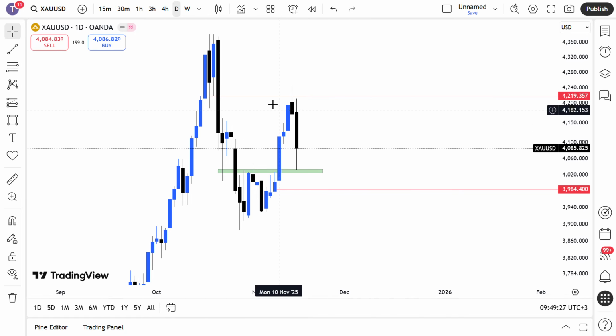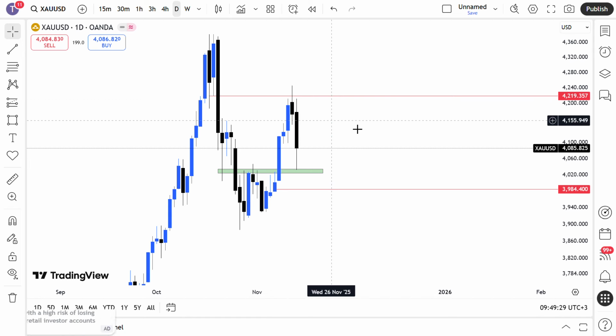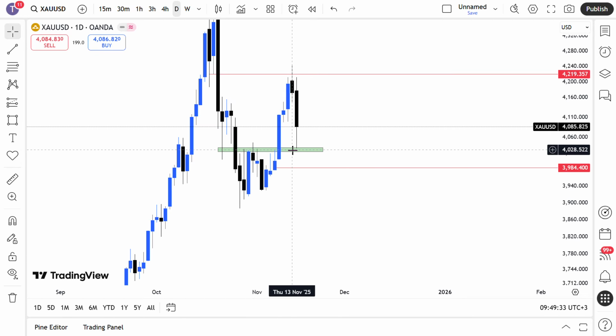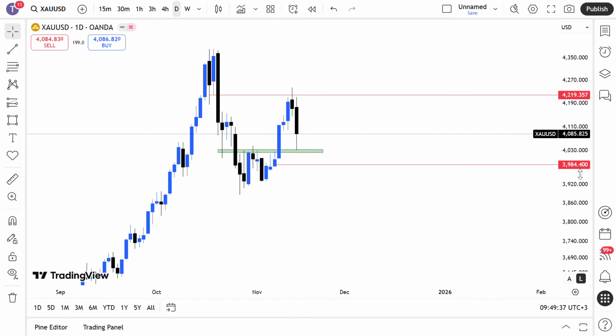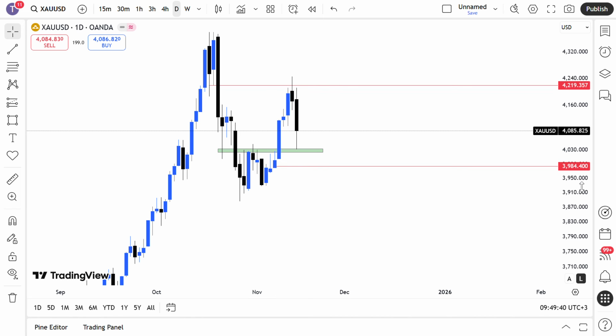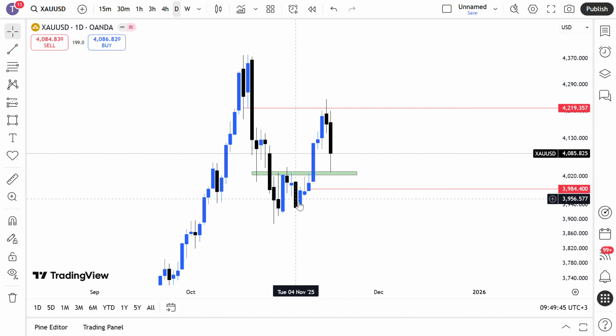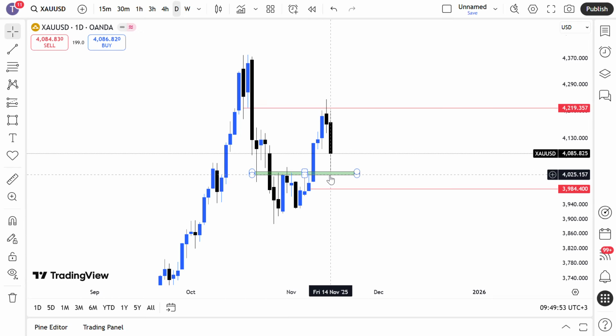And because now we have the selling pressure, the price came back down to retest this low, this support and resistance. And if you can see clearly, for adding confluence into our analysis, we can see that there is a double bottom down here. So we need to see what the market will be willing to do when the price tapped into this area.